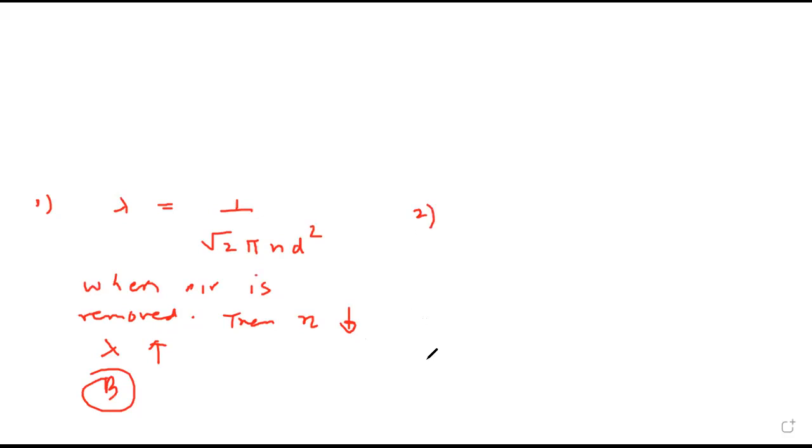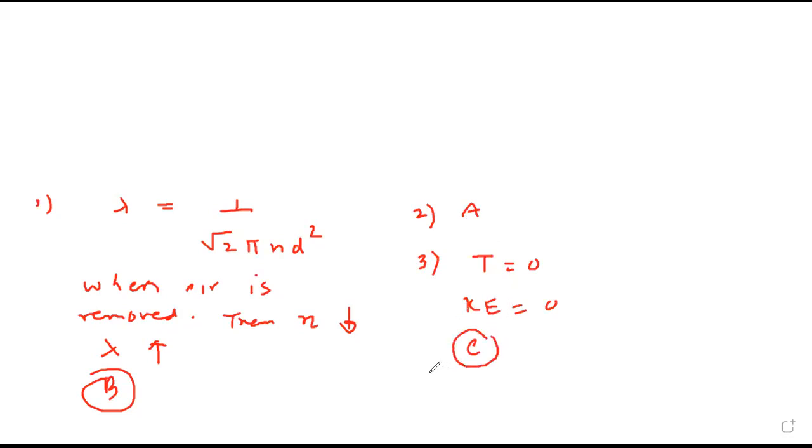Second, the first evidence in favor of molecular structure of gas came from the experimental observation of Brownian motion of colloidal particles. A. Brownian motion means zigzag or random. According to kinetic theory of gas, at absolute zero temperature, kinetic energy will become zero. So molecular motion will stop.